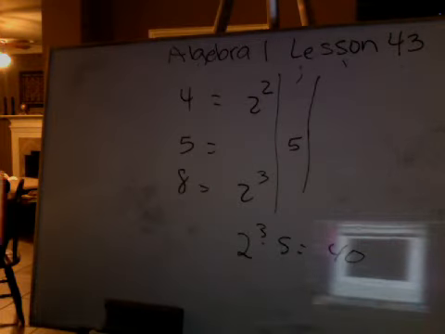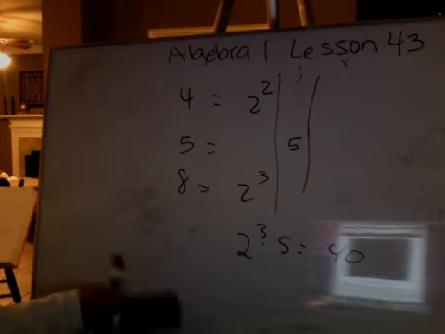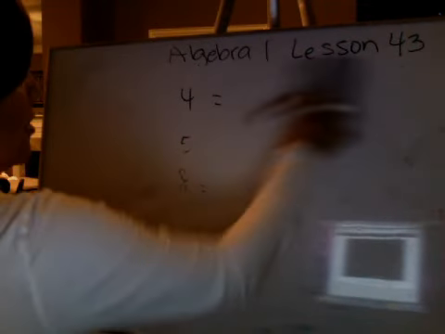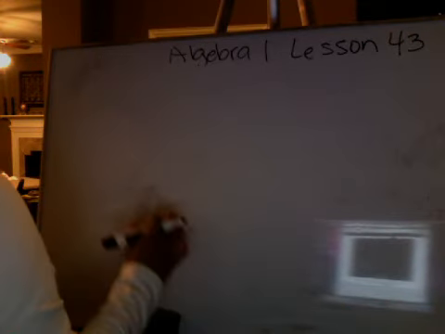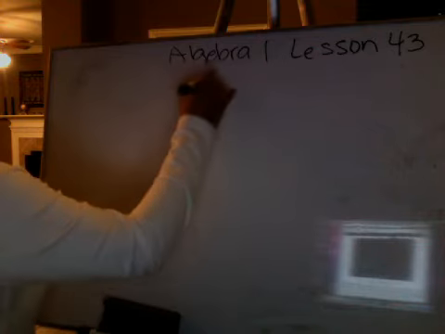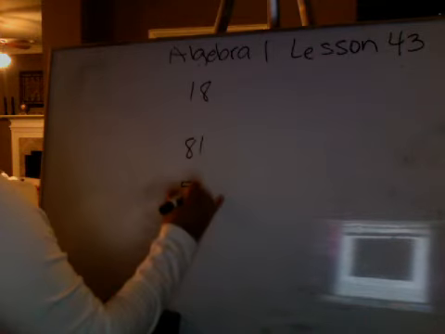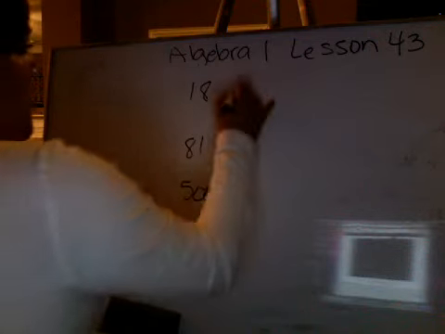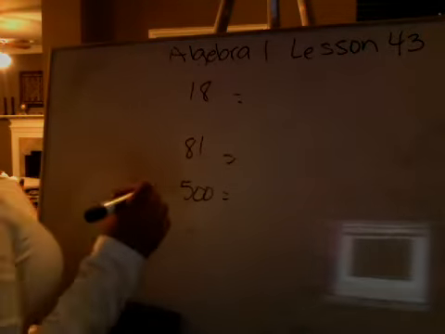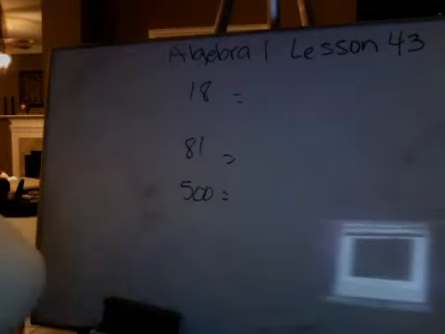So let's do the same thing, but let's look at some bigger numbers. Because with small numbers, you can kind of do this in your head, but not when you get to bigger numbers. It's really hard. So let's look at one that's not so big. Well, it's a little big. 18, 81, and 500. You're going to prime factor, and you're going to put it in exponential form.